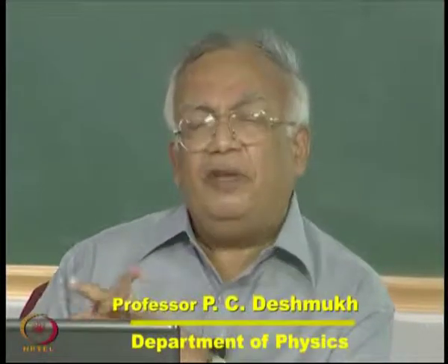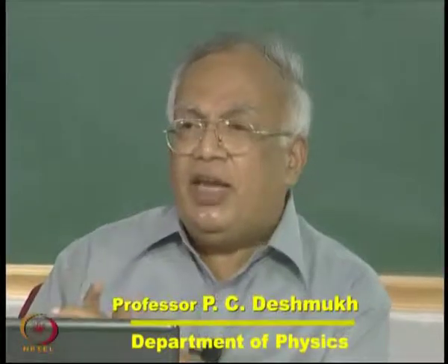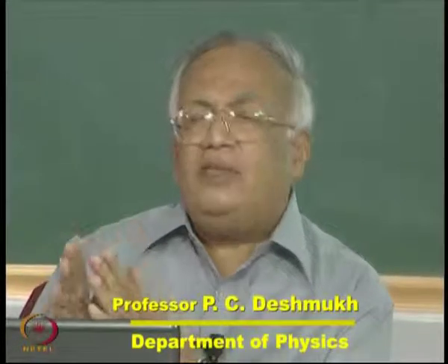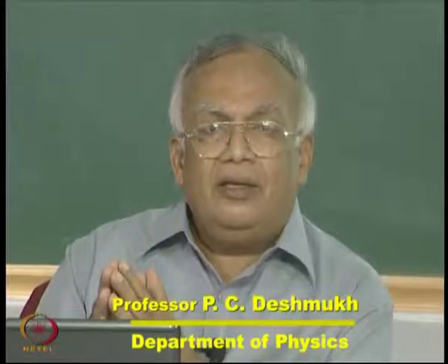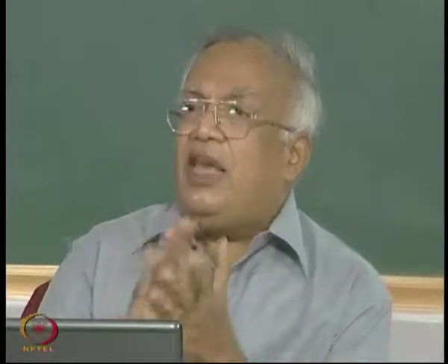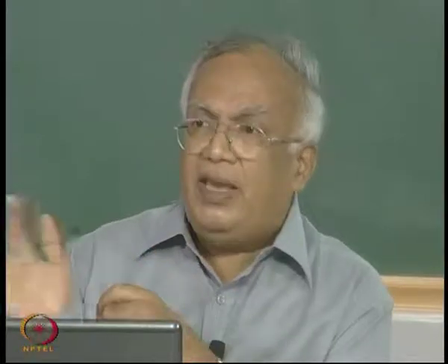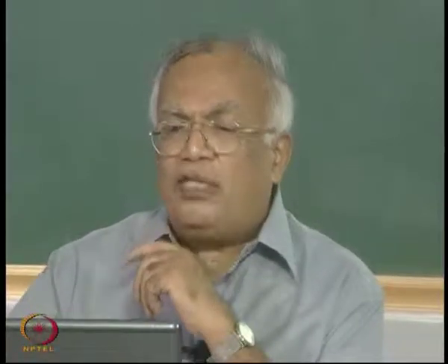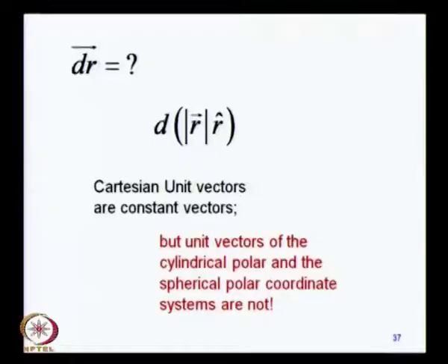It is like taking the differential of a product of two functions. So, differential of two functions f and g is f times dg plus g times df, right. So, it will be a sum of those two, and you must therefore consider changes not only in the magnitude of r, but also in the direction of the unit vector.